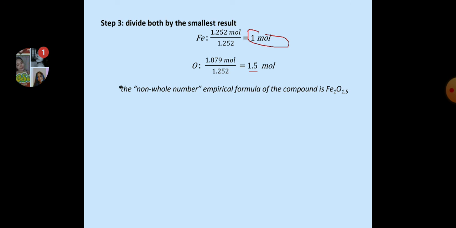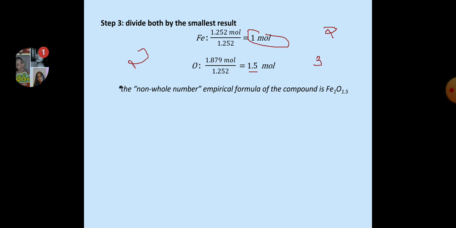Okay? Kaso, hindi lang siya kay 1.5 i-multiply. Mamultiply din siya kay 1. So, 2 ang ating gagamitin. So, 2 times 1, that's 2. And 2 times 1.5, that's 3.